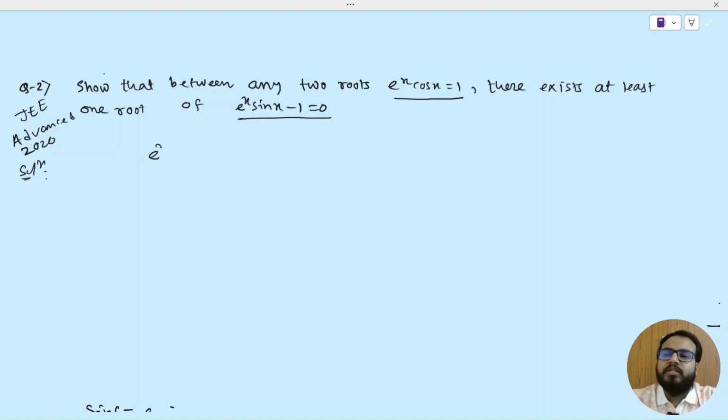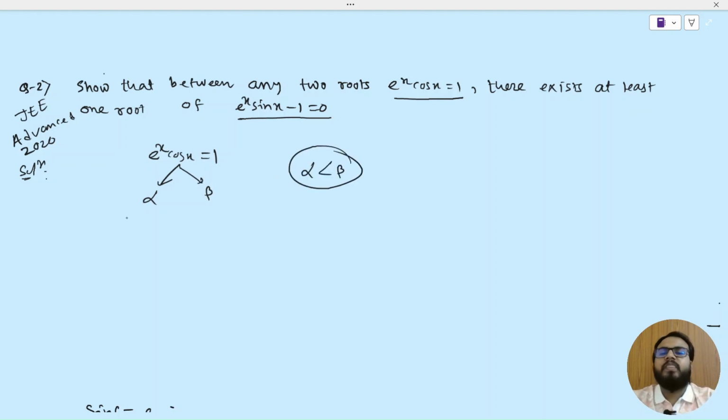Given that e to the power x cos x equal to 1, let this equation have two roots, one is alpha, another is beta, and also assume that alpha is strictly less than beta. Since alpha and beta both are roots of this equation, both satisfy this equation.